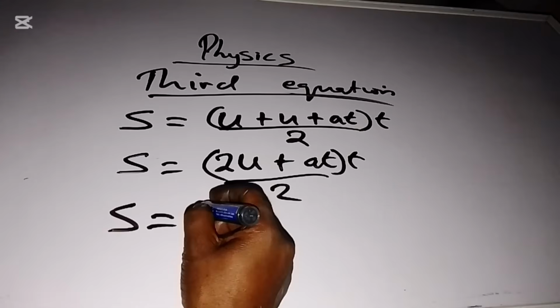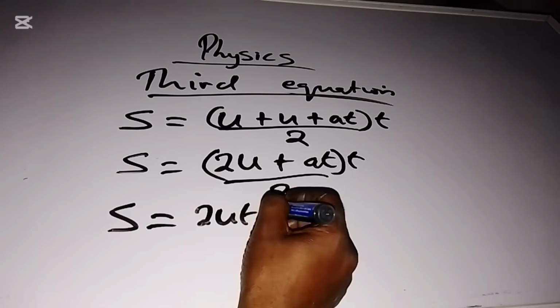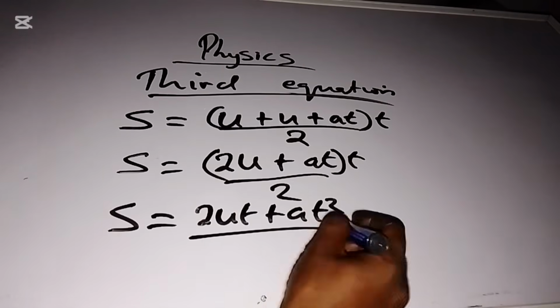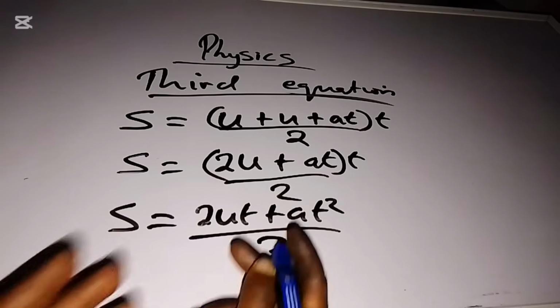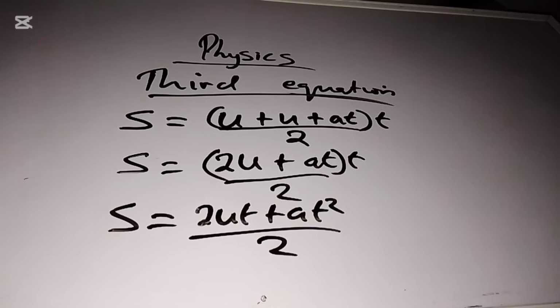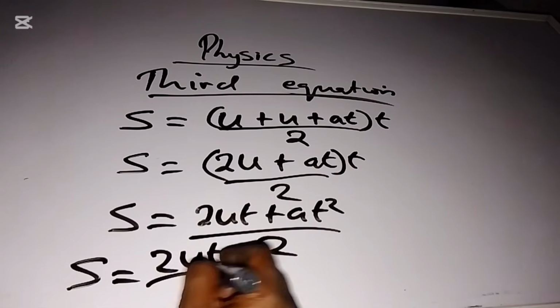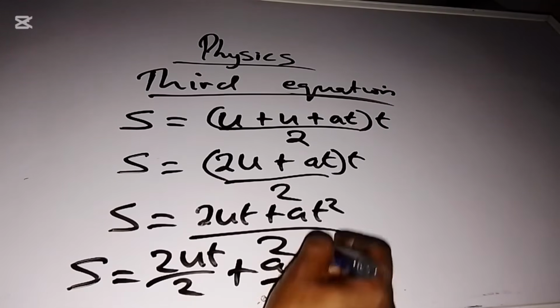So that gives us 2ut plus at squared, over 2. Let's separate the terms: s will be equal to 2ut over 2 plus at squared over 2.